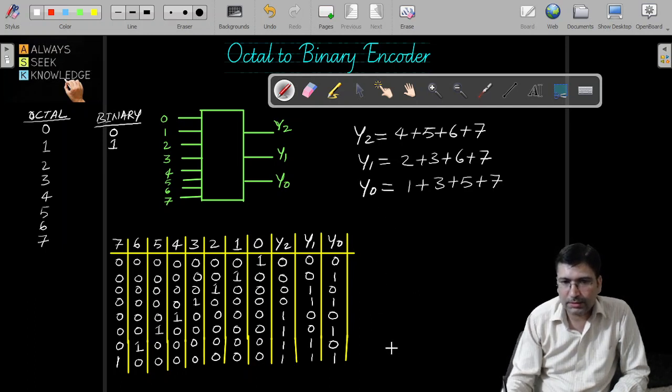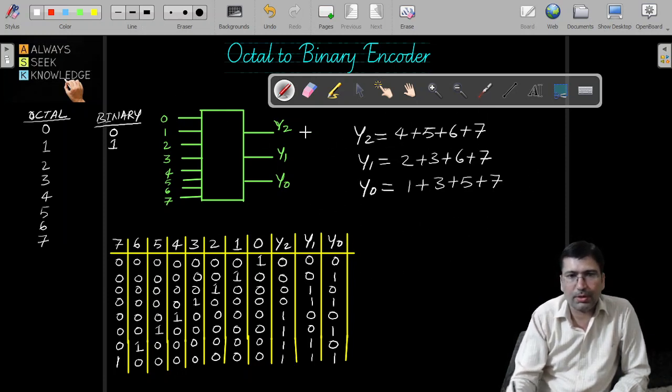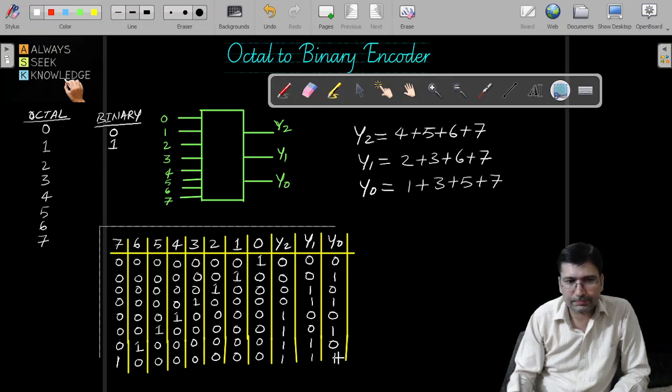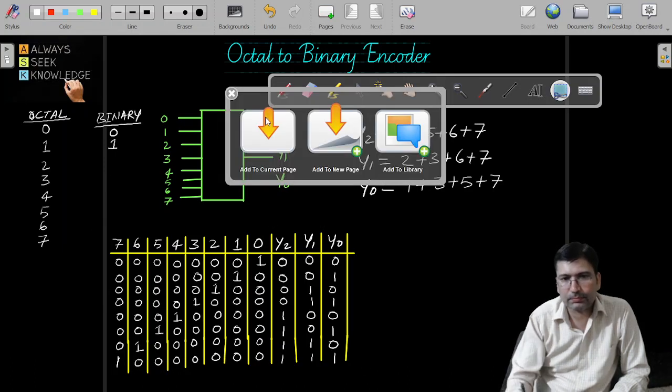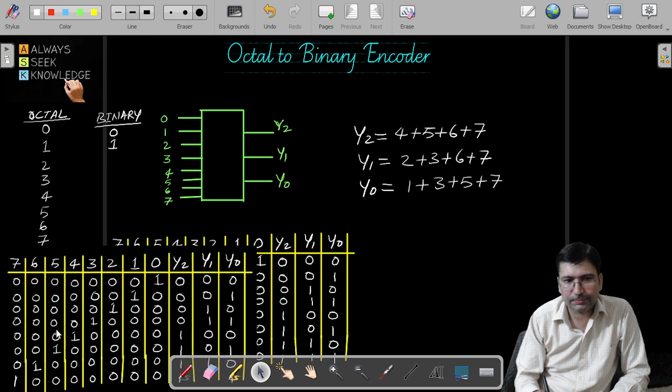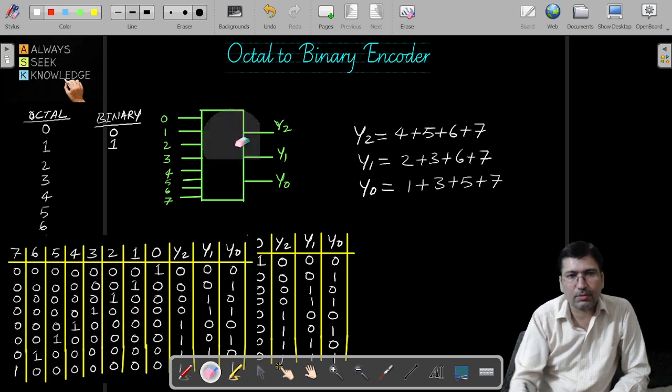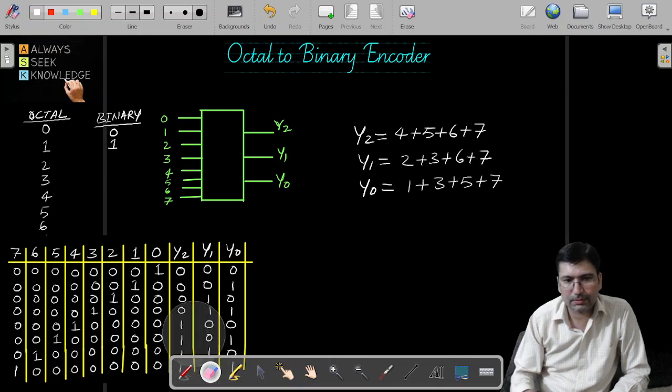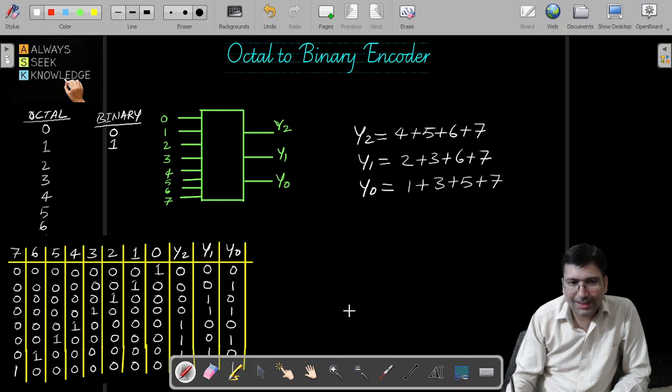If there are 8 lines, we can write such equations using 4-input OR gates.